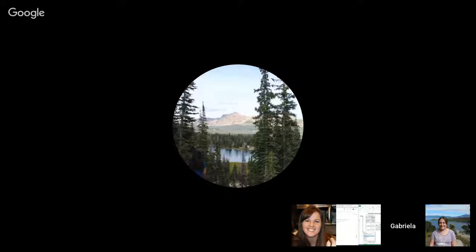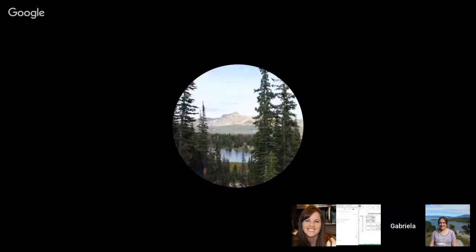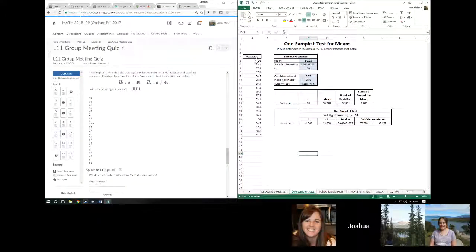Okay, now all the ones on variable 1, I filled in. Now, what are you doing with the middle parts? Okay, so when you have everything under the variable 1 name, you can go to the mean cell and do the average to get the mean.